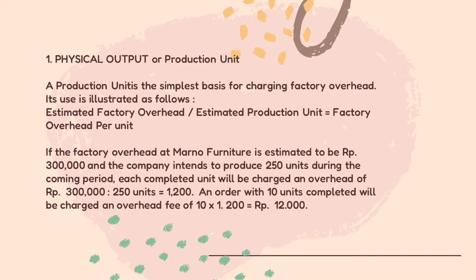If the factory overhead at Mamo Furniture is estimated at 300.000 and the company intends to produce 250 units during the coming period, each complete unit will be charged an overhead of 300.000 divided by 250 units, that is 1.200. An order with 10 complete units will be charged an overhead fee of 10 times 1.200, that is 12.000.